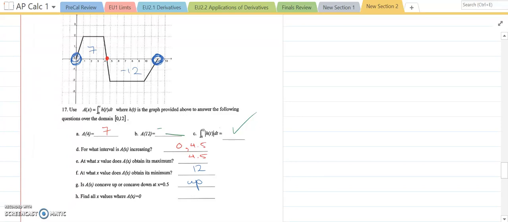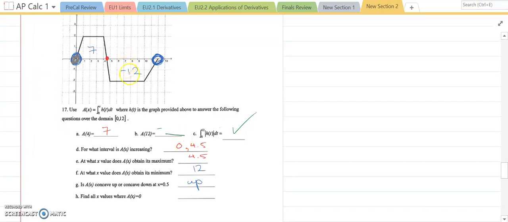And where would A of x equal 0? What's the integral that you're trying to make equal to 0? There is no area at the beginning. You add a bunch of stuff, and then you work your way back towards the bottom.